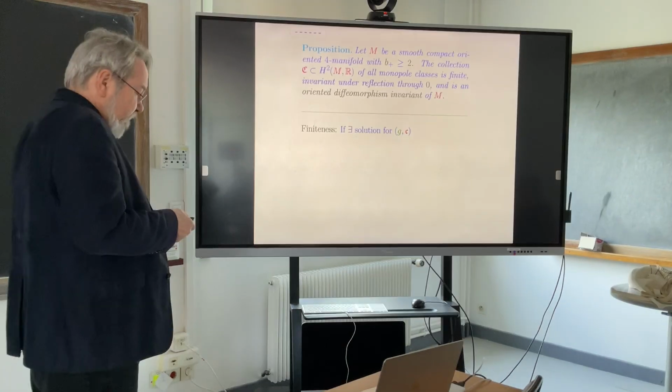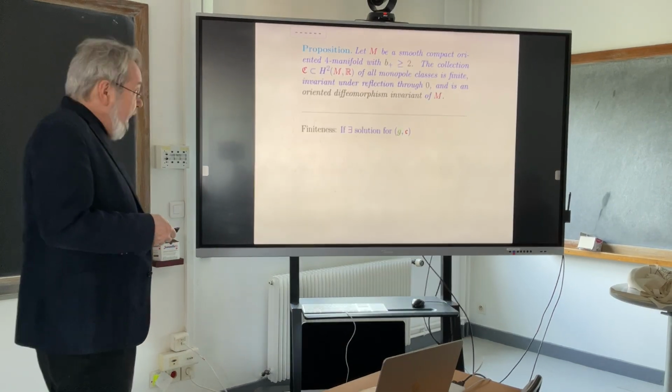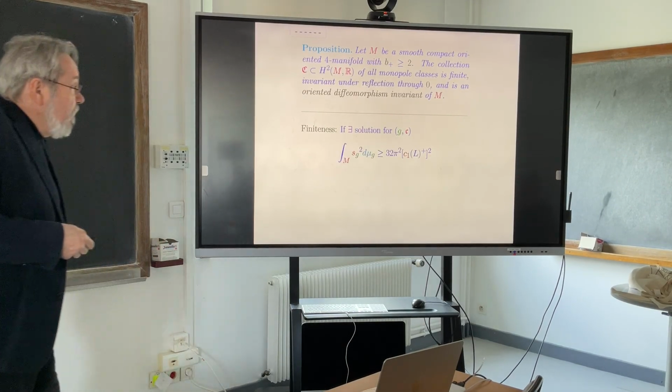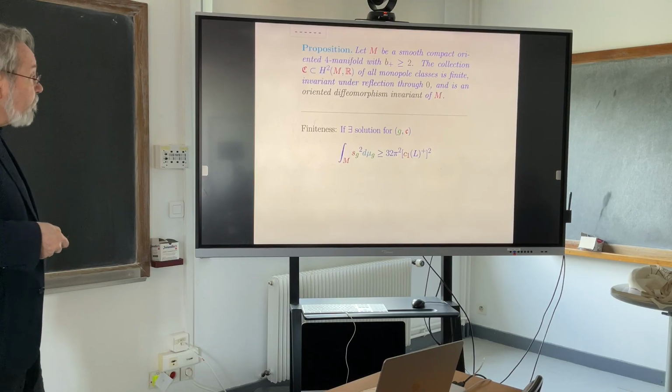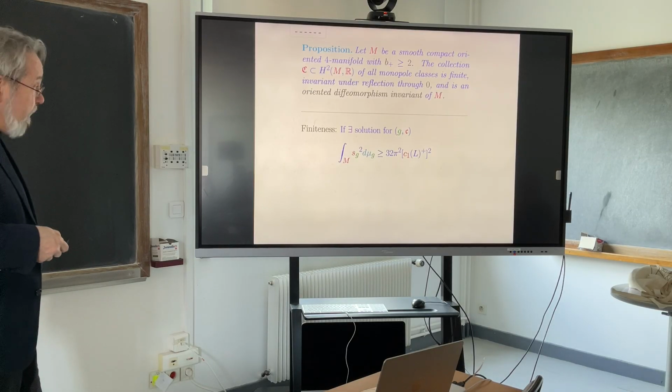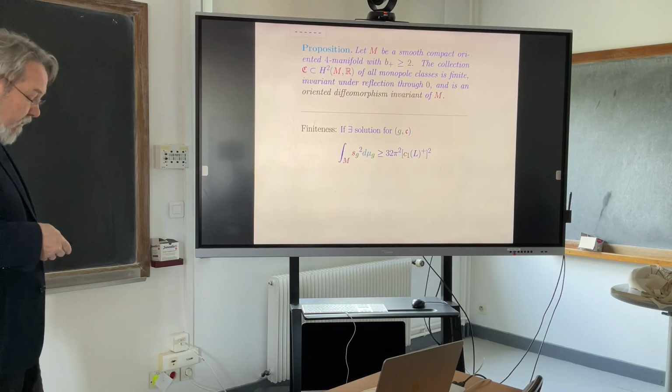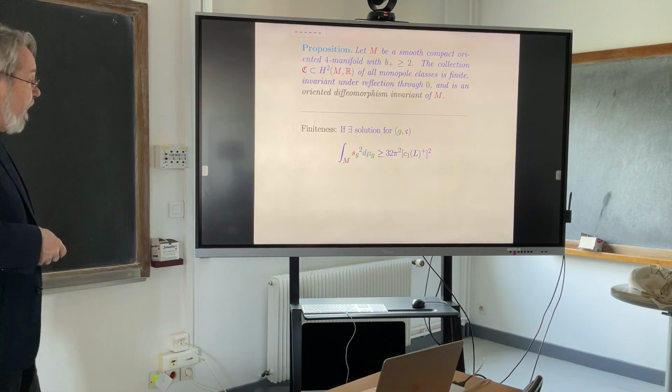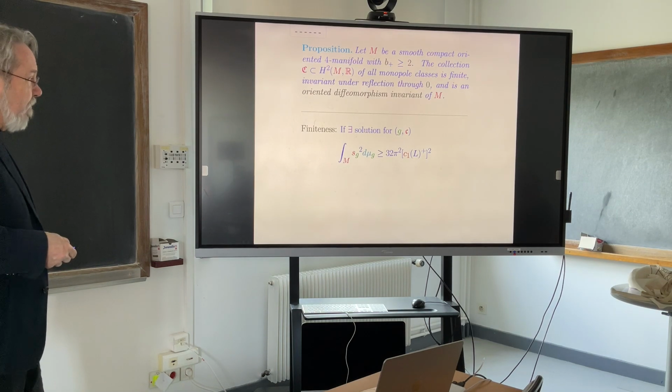We have a fixed spin-C structure we're talking about, and then one of the basic curvature inequalities that we proved was that if you take the integral of the scalar curvature squared of this metric, then that's greater than or equal to a certain multiple of the square of the self-dual piece of c1 of L. So there's a lower bound for the integral of the scalar curvature squared in terms of this.